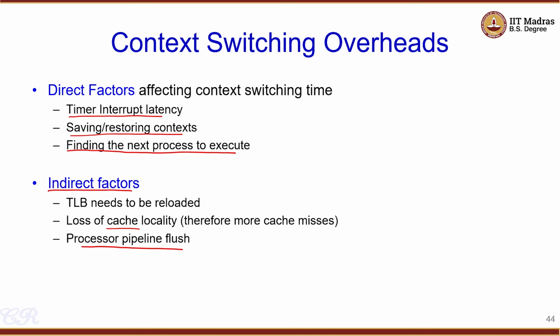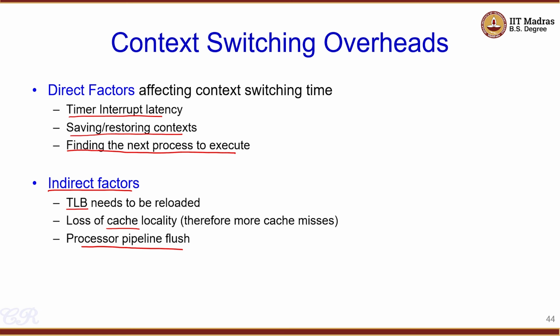And also, if you do not have a sufficient amount of memory in your system, you will also see a large number of page faults that can occur, and you would require pages to be loaded for process 2 into the main memory from the swap space. In addition to this, because now we have shifted from process 1's virtual address space to that of process 2's virtual address space, a lot of entries in the TLB would be invalidated, and the TLB would need to be reloaded, right?